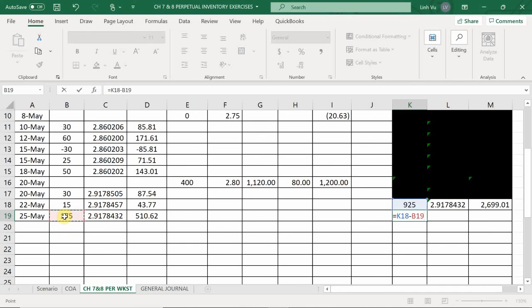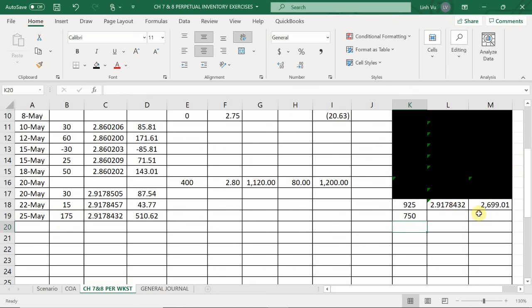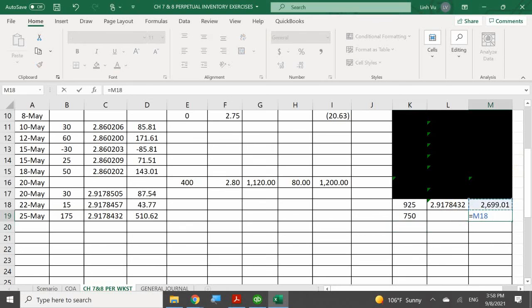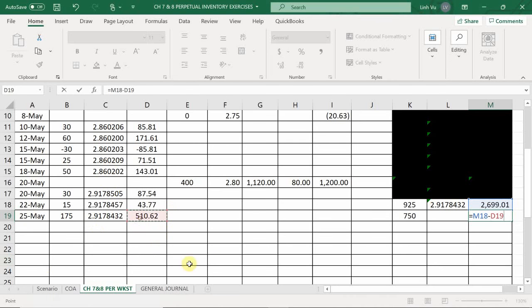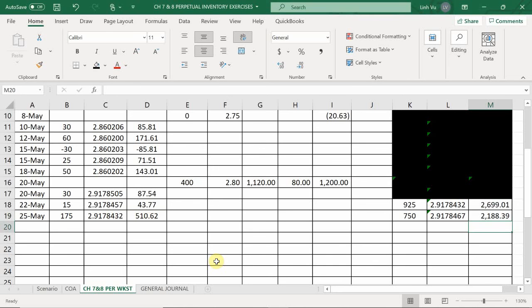We have 925, subtract 175, should get a total of 750. And if I started out with 2699.01 and I sold 510.62, what should be my total cost here? 2188.39.